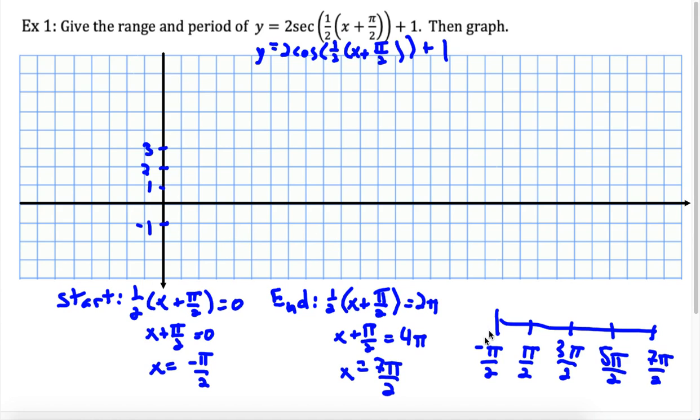Okay? So then labeling my x-axis, here we can say negative pi over 2, pi over 2, 3 pi over 2, 5 pi over 2, to 7 pi over 2.